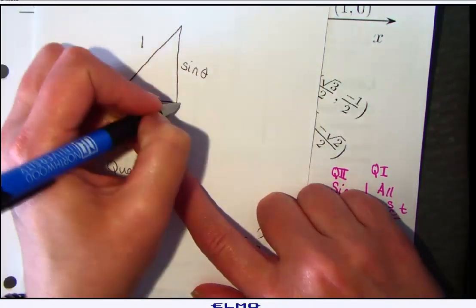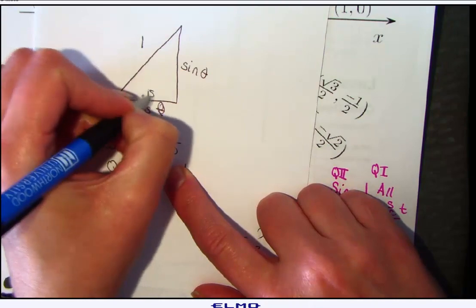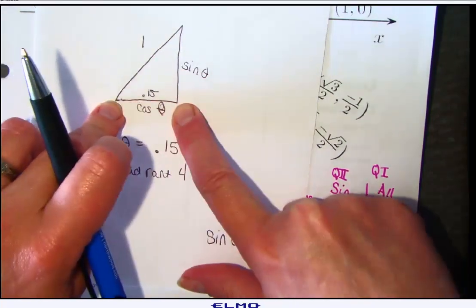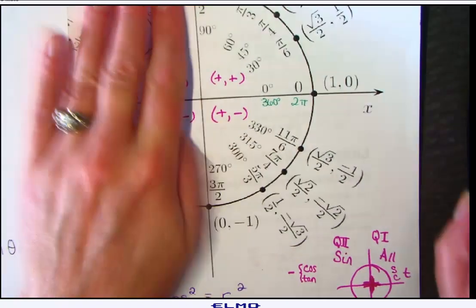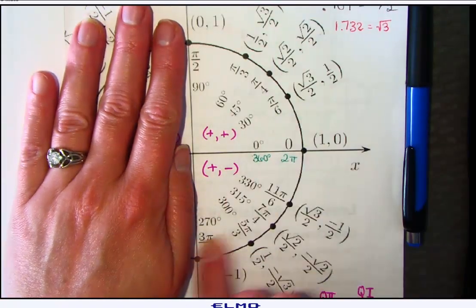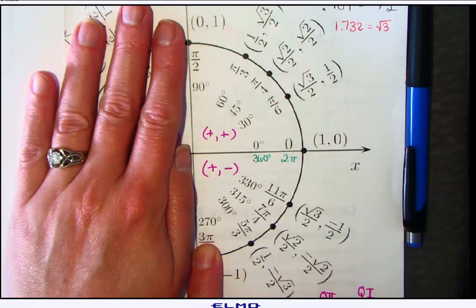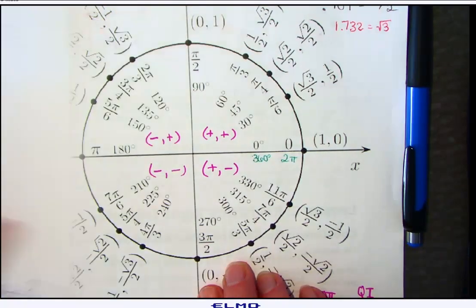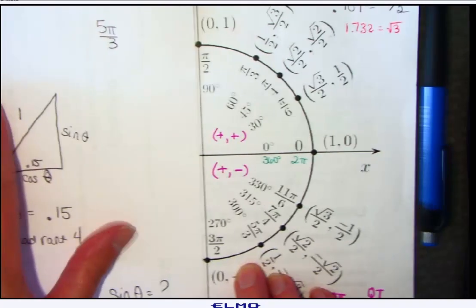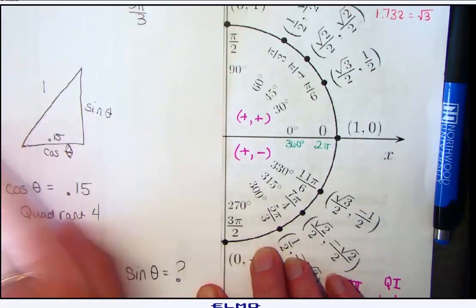Cosine, the x-coordinate, is 0.15. Now I see that it's moving in a positive manner, so I know that I'm looking at an x-coordinate in a positive manner. It's going to be somewhere in quadrant 1 or quadrant 4. So I'm going to block out my other ones because it better not be anything over there.